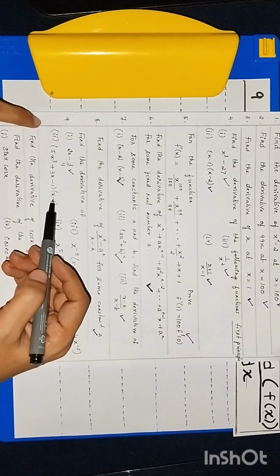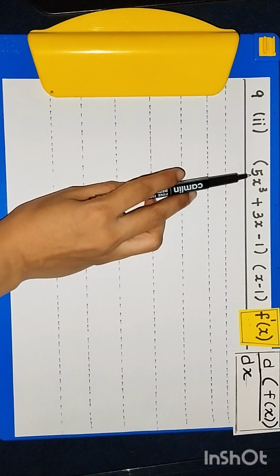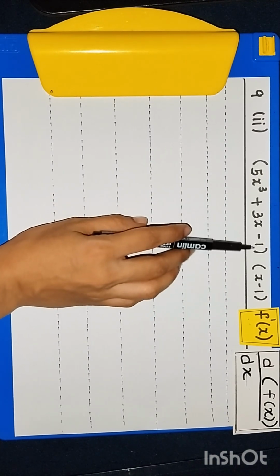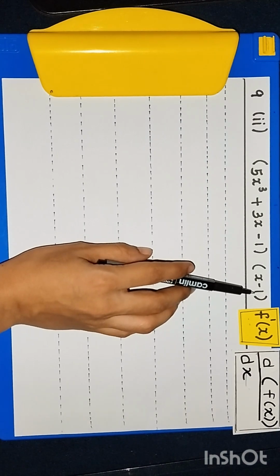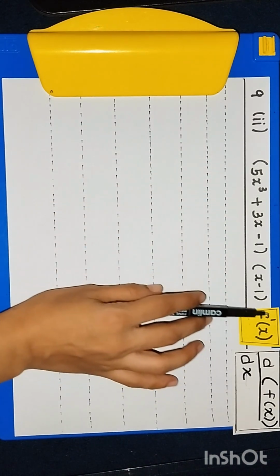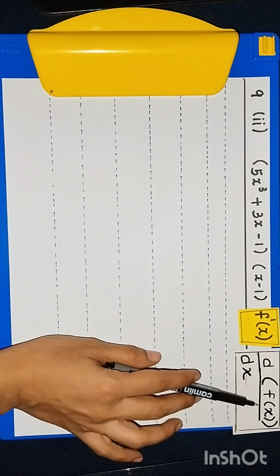Let's solve the second sub question of the 9th one. The function here is f(x) = (5x cube plus 3x minus 1)(x minus 1). This is the function they have given. We have to differentiate and find f dash of x, which is also represented as d by dx of f of x.